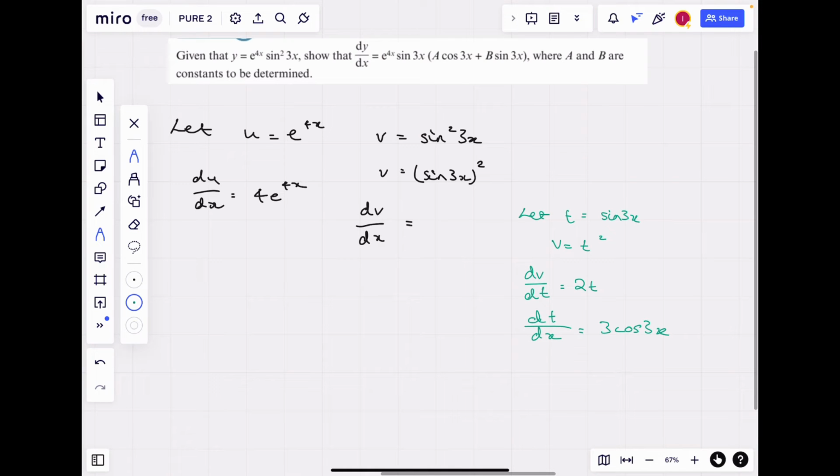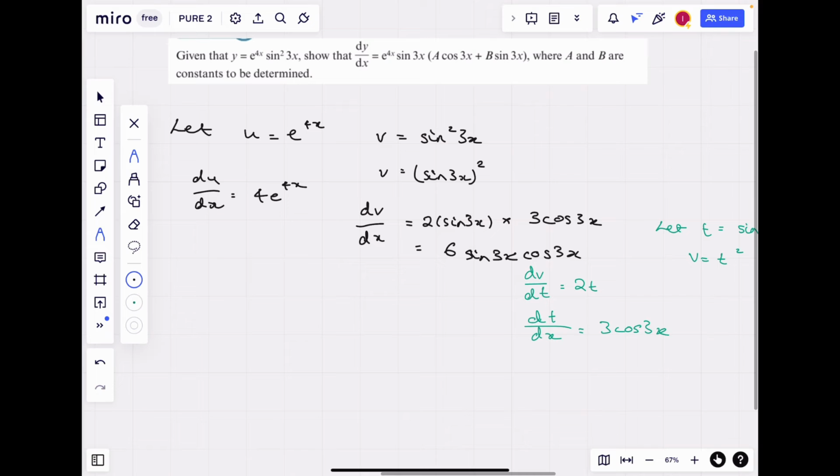And now we multiply. So 2 times sine 3x multiplied by 3 cos 3x, which gives 6 sine 3x cos 3x.